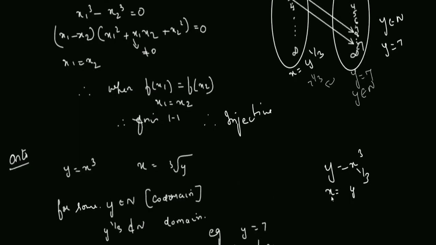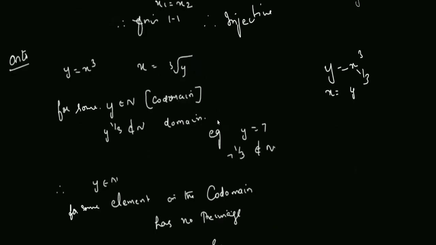Let us check whether it is onto. So first write x in terms of y. y is x cube. So x is equal to y power 1 by 3. So take y as some 7. 7 belongs to set of natural numbers. Can you find 7 power 1 by 3 in the domain? You cannot find because domain is set of natural numbers.